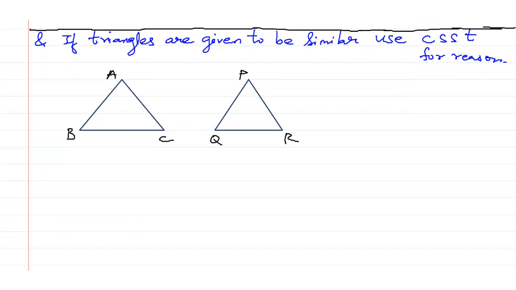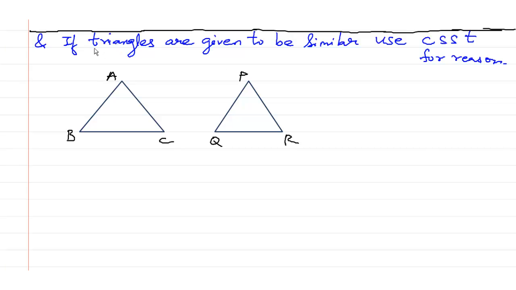But if triangles are given to be similar, we need not prove them similar by the SSS test. We use CSST for providing the reason, corresponding sides of similar triangles.